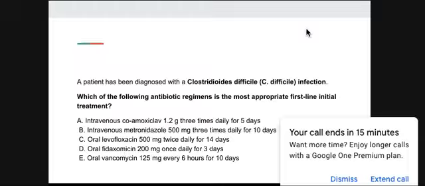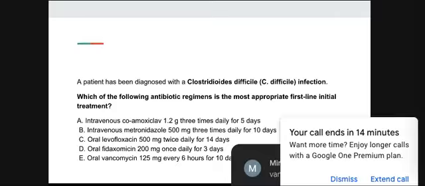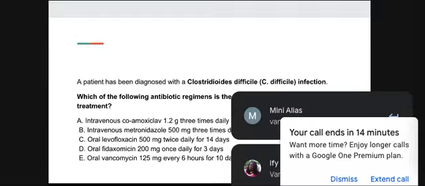So which of these medications, if the patient presents with flushing, rash, hypotension, and pruritus, could be the culprits? Vancomycin, yes.